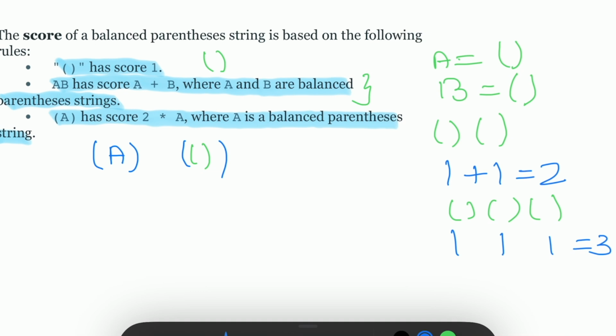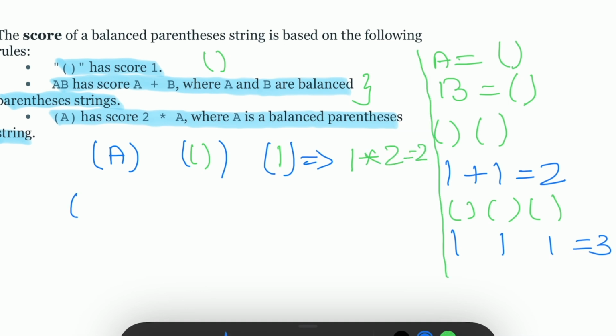If a balanced parenthesis is found inside another parenthesis, then multiply the score of the inner parenthesis by 2. So in this case, 1 and this will become 1 into 2, which is 2.